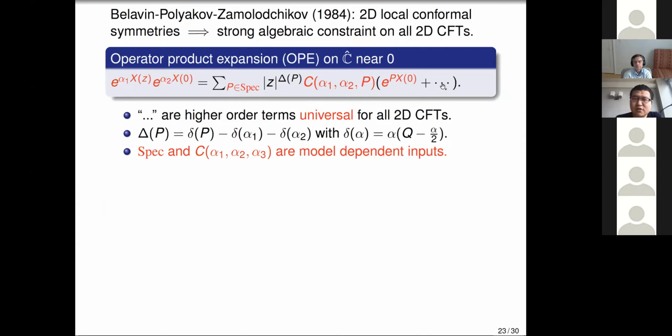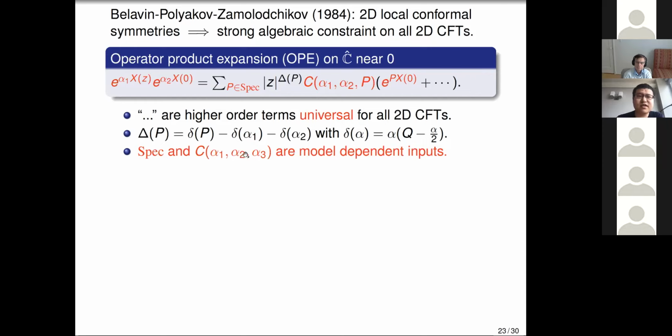Both the higher order terms and this exponent are universal quantities which are shared by all CFTs. The only special data for any particular CFT is the set that you are summing over and these coefficients.